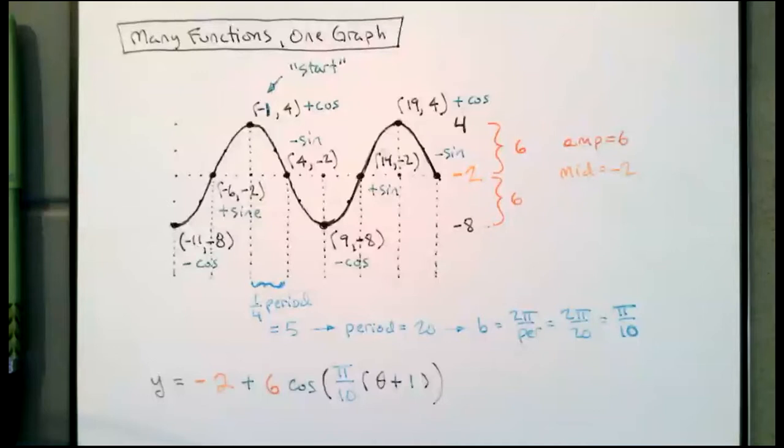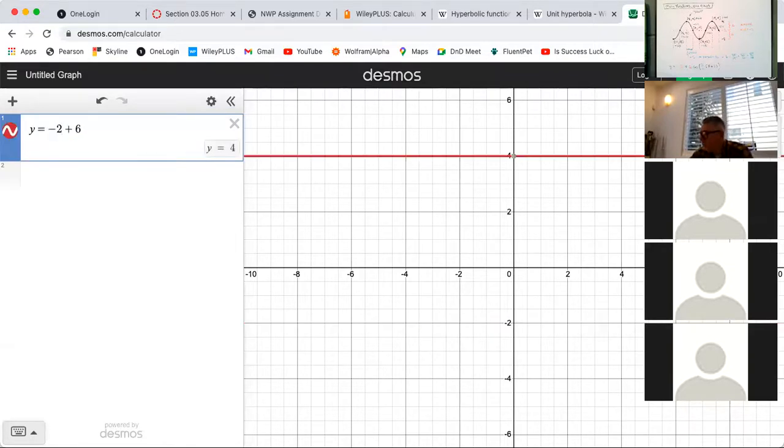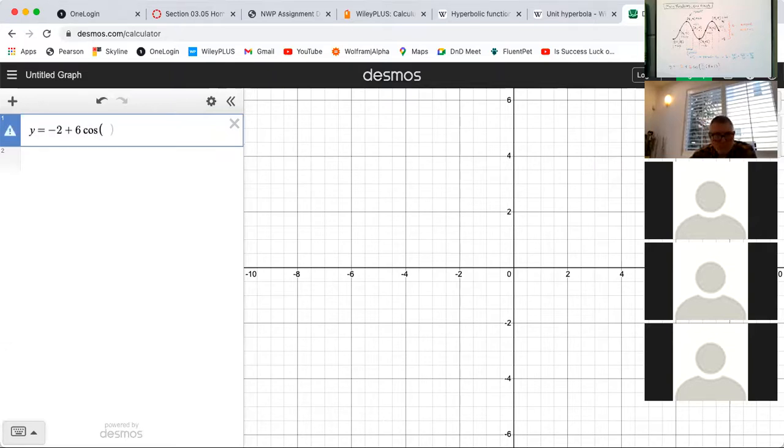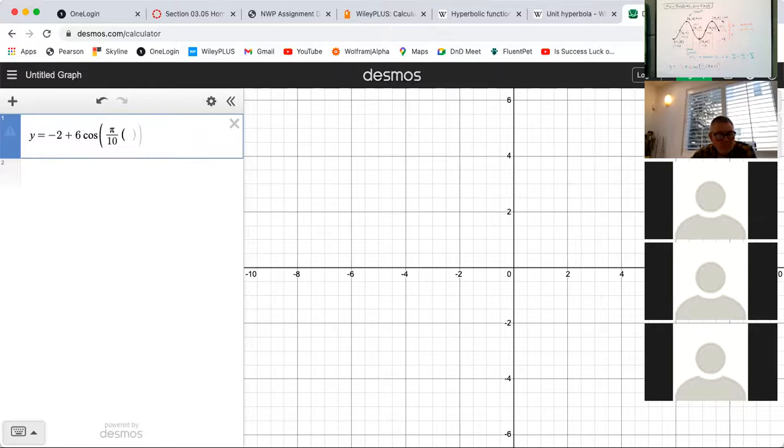So let's jump over to our graphing calculator to make sure everything went well. If we look at the graphing calculator, plug in y equals -2 plus 6 times the cosine of pi over 10, and then we have theta, I'm going to use x plus 1.